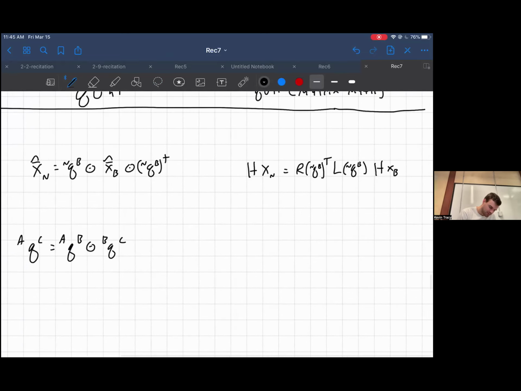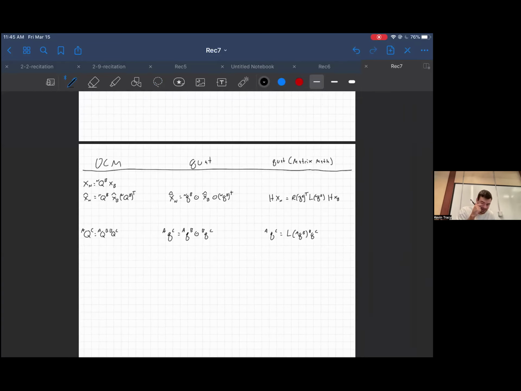And then with matrix math, same thing. Okay, now the third thing is how to transpose these things.